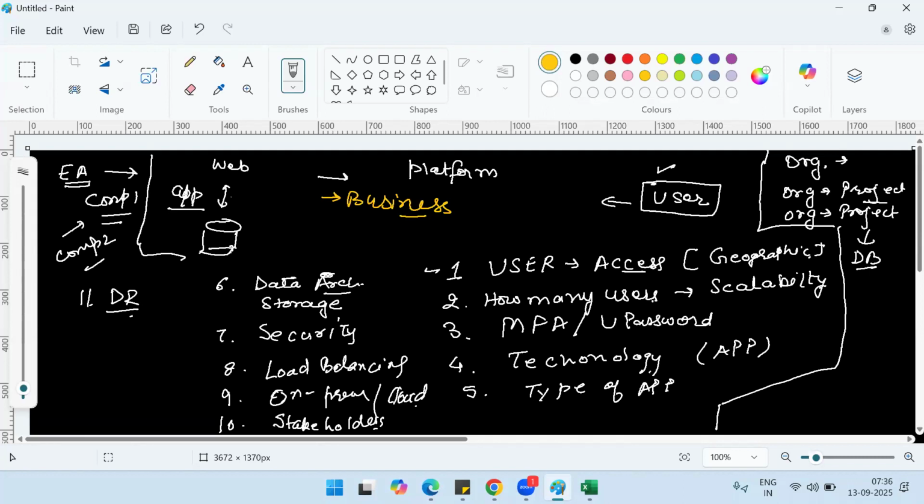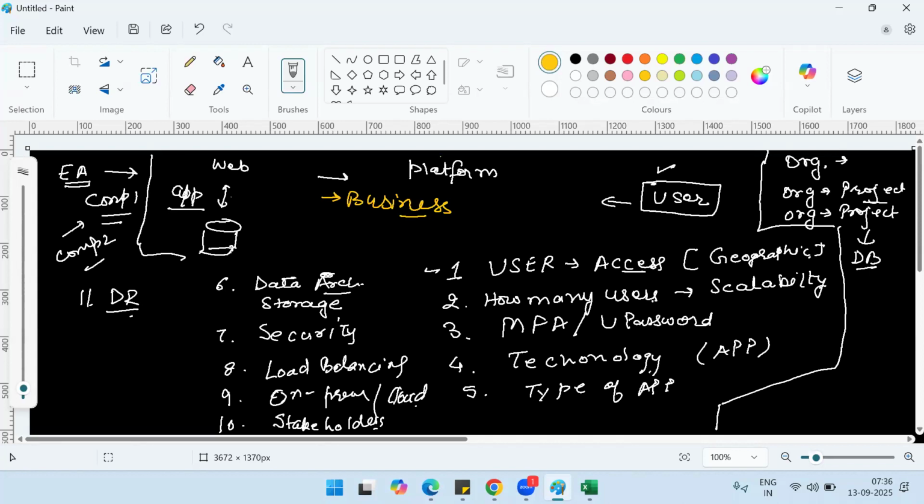Then you ask about something called the domain. For example, if I say the domain of networking, the domain indicates how many virtual machines and devices are in that particular domain. In the same way, here we call it the architecture domain.